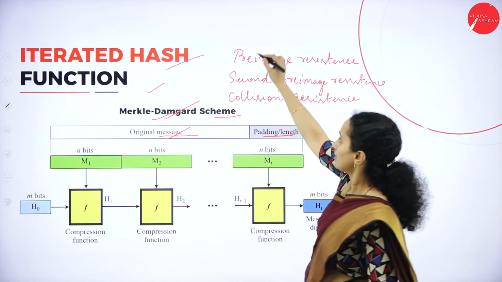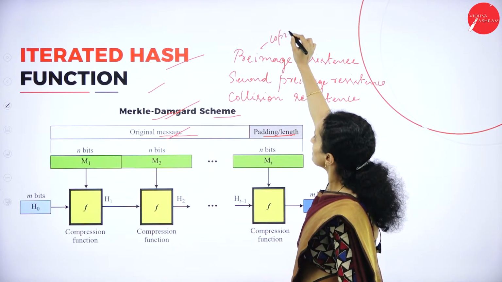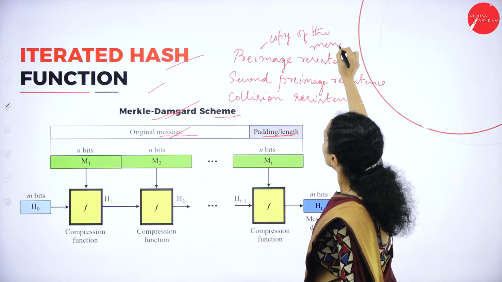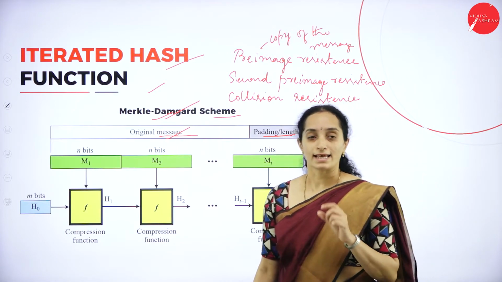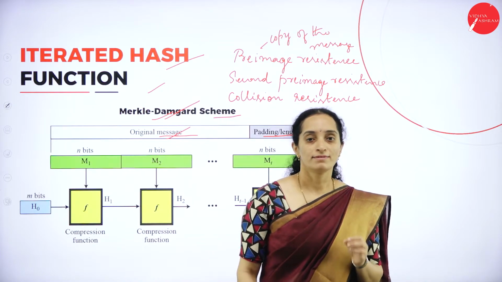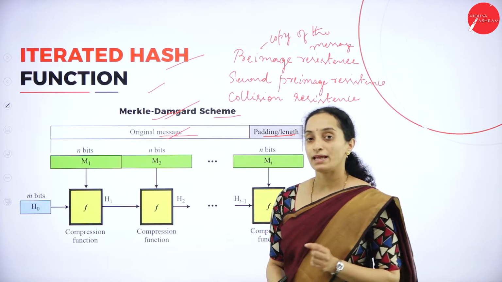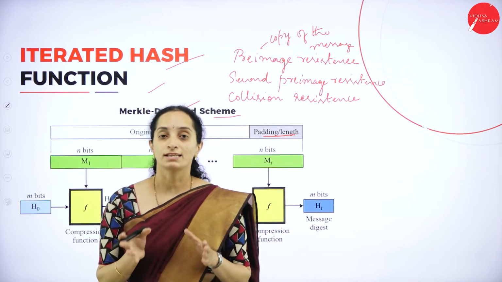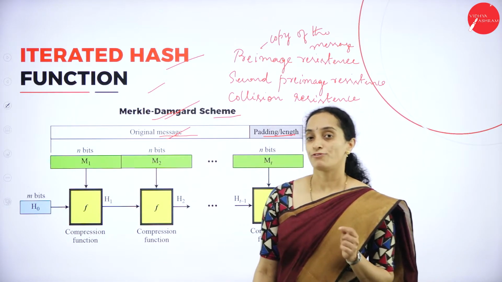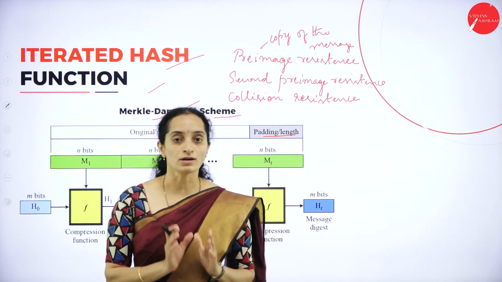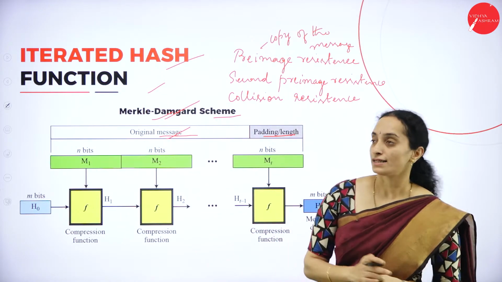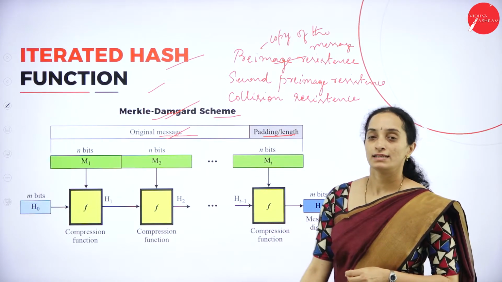Pre-image resistance is about not being able to create a copy of the message, whereas second pre-image resistance ensures that the adversary will not create a second message with the same hash. So it will not allow the adversary to create or forge a message that matches the one created under pre-image resistance.